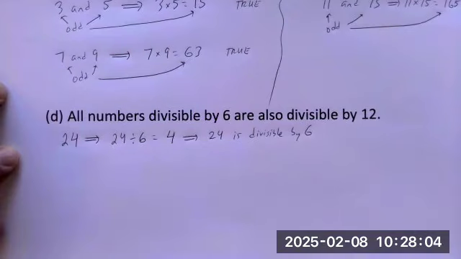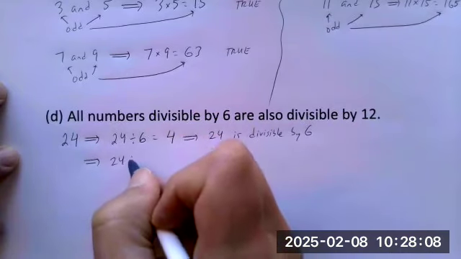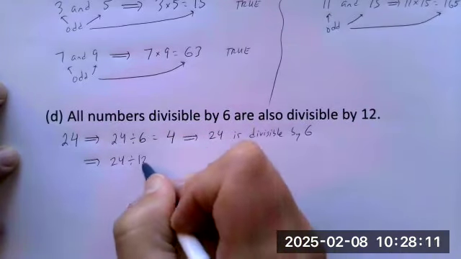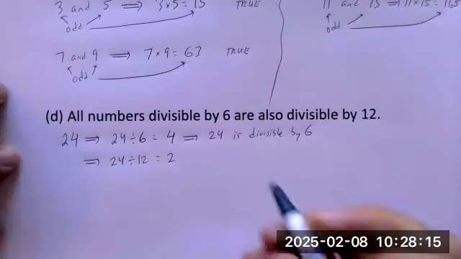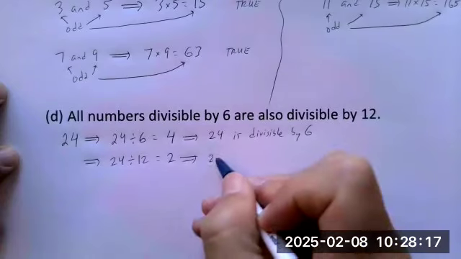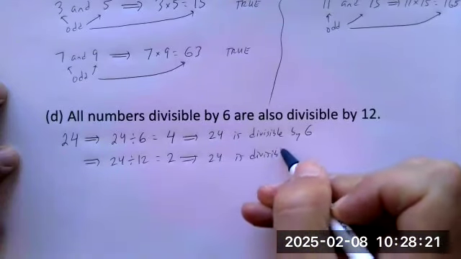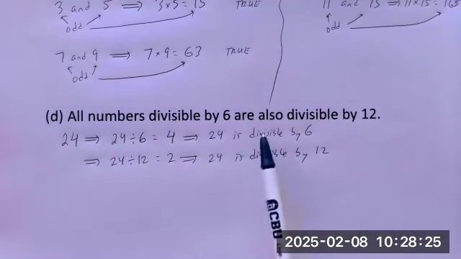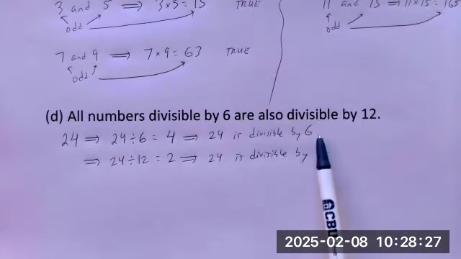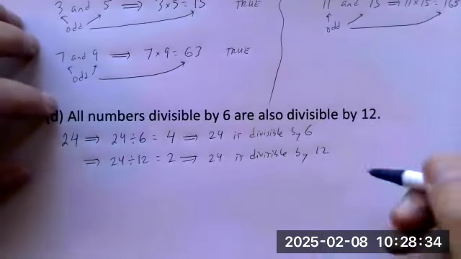But 24 is also divisible by 12, because if I divide 24 by 12, it also gives a nice whole number answer. So 24 is a number that's divisible by 6, but 24 is also divisible by 12.